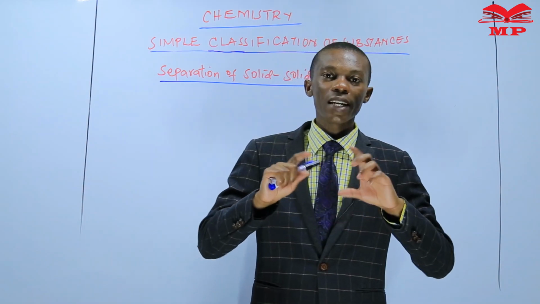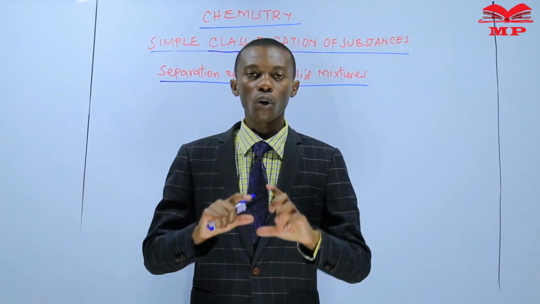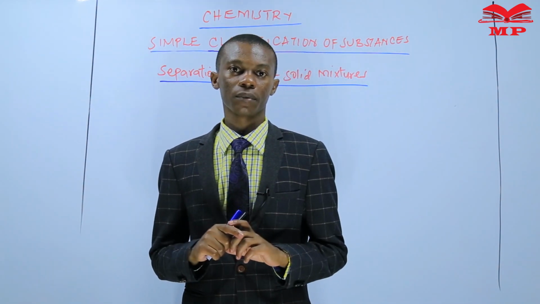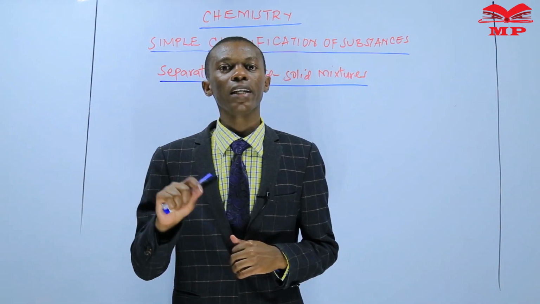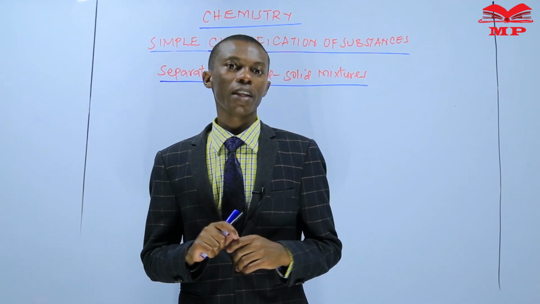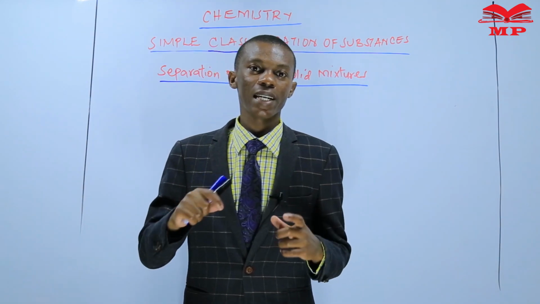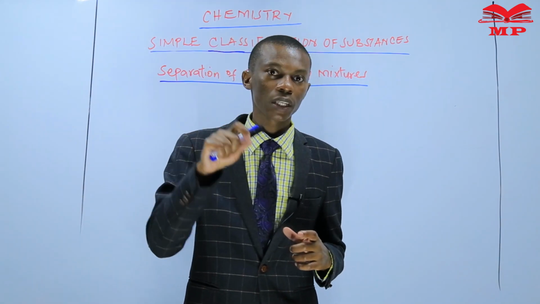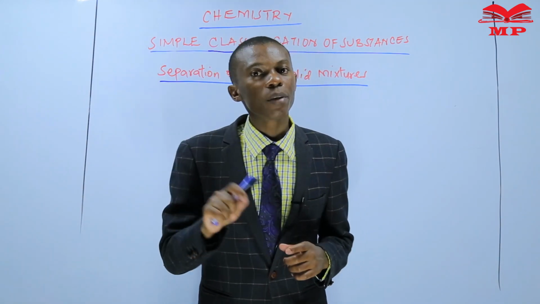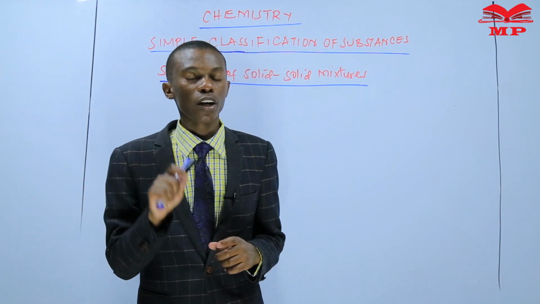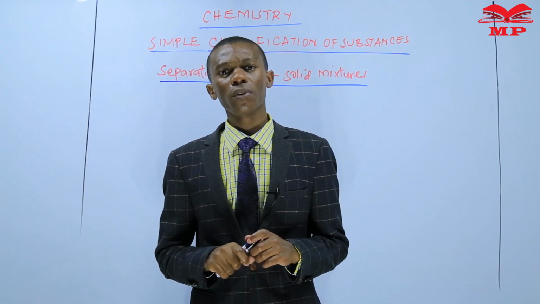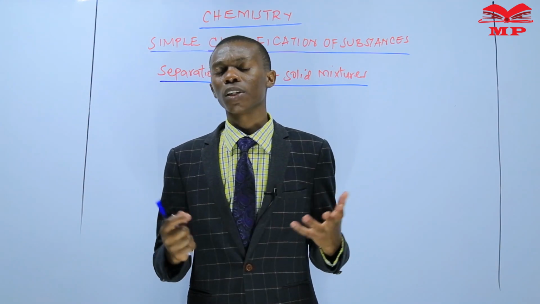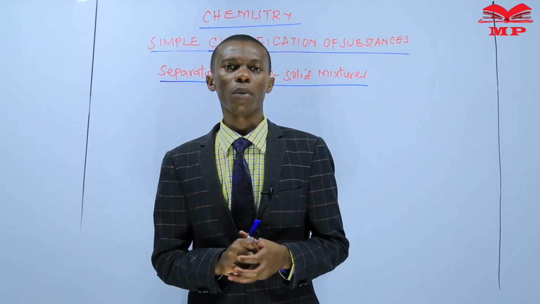If you put this gray-yellow mixture on a piece of paper and run a magnet over it, you realize that the magnet attracts the gray solid, leaving behind the yellow solid. This method of separation, we called use of a magnet.